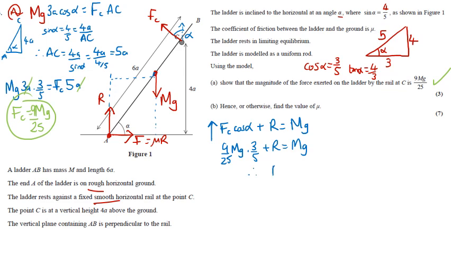So therefore R is going to be equal to mg into 1 minus, so what have we got? 27/125. So 125 minus 27 is 98, so this is 98/125 mg. So I know what R is now. That's good. So now let's resolve it horizontally.